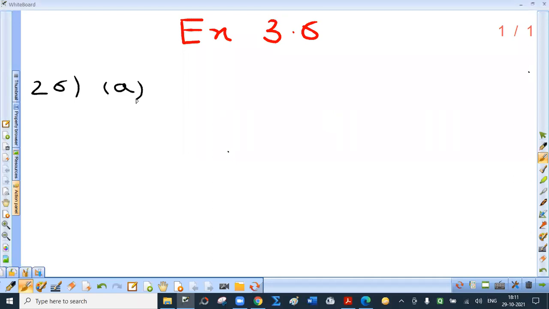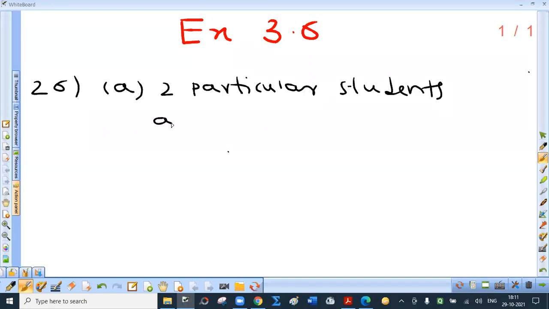Now, A part, 2 particular students are selected. Write down.